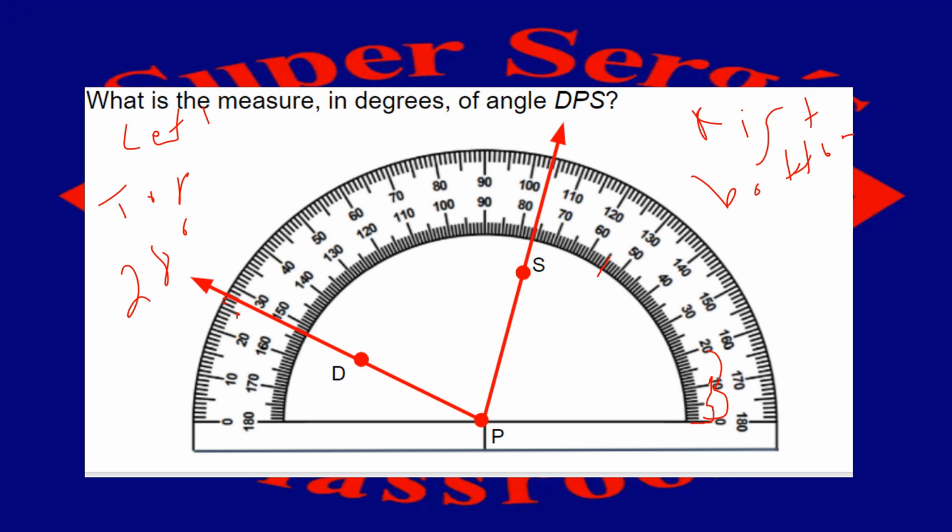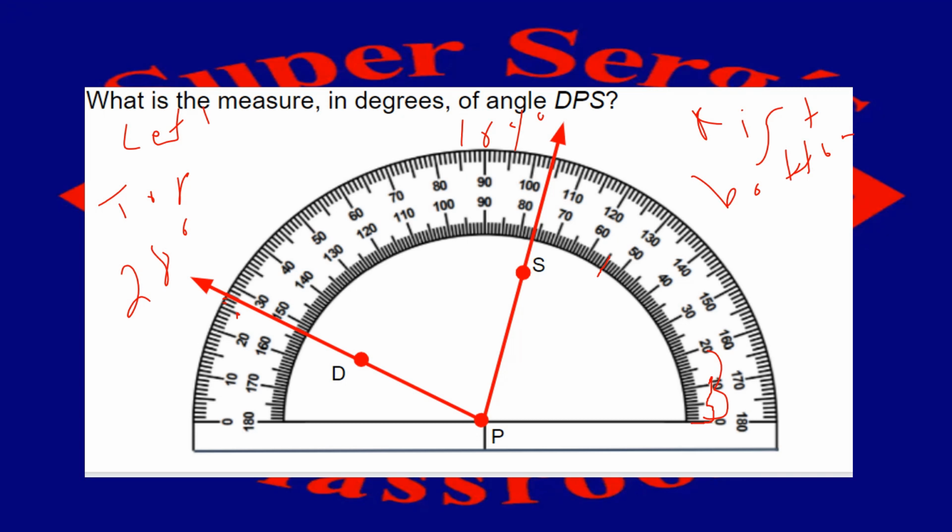So I see that there's 100, a whole number that's given, and I know this is 105 because it's between 100 and 110. But this is not exactly on the 5. It's one less. So this would be 104 degrees.